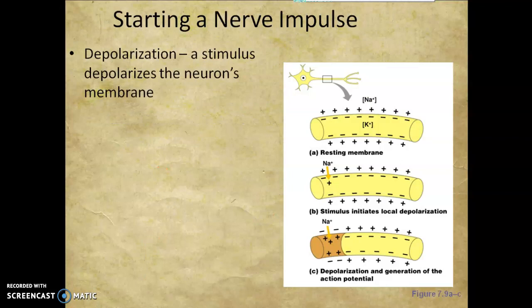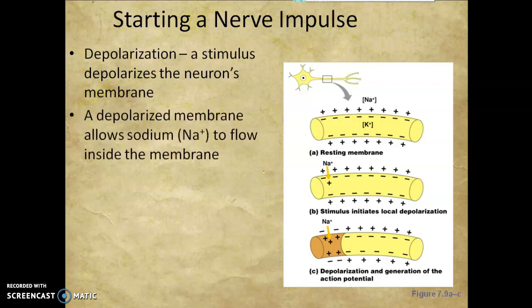Now, when a neuron needs to send a message, that neuron's going to go through depolarization, which some of you put into your sliding filament theory. That depolarization is where we have a stimulus that depolarizes the neuron membrane. And what that means, okay, this might sound familiar as well, a depolarized membrane is going to allow for the sodium ions, all those positive ions that are floating around the outside of the cell, to flow into the membrane.